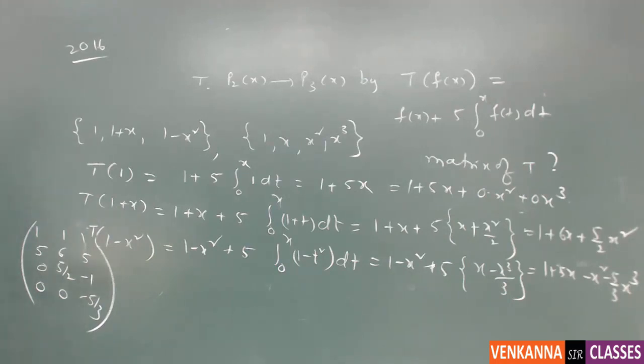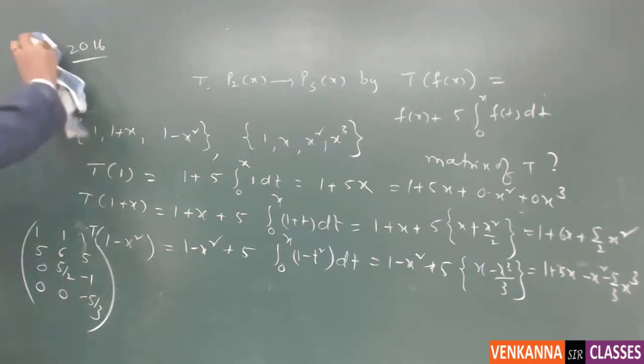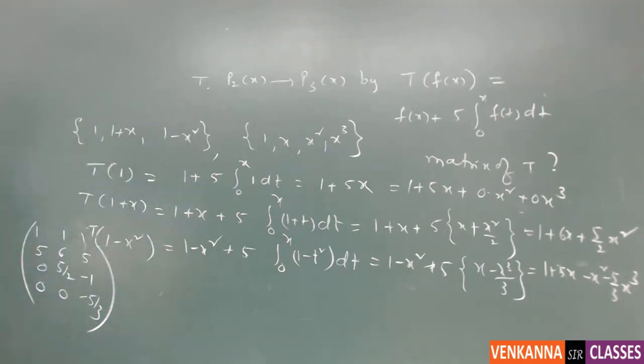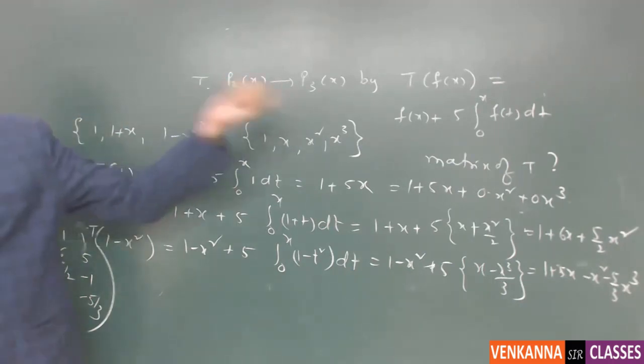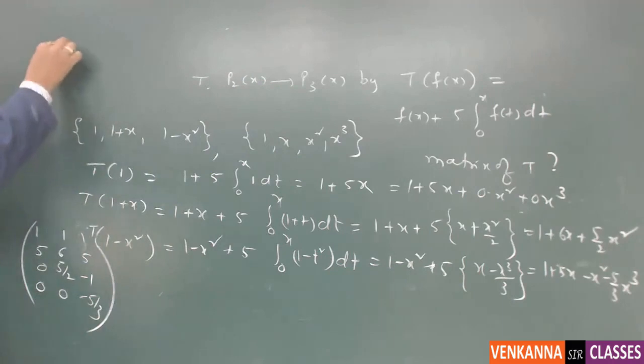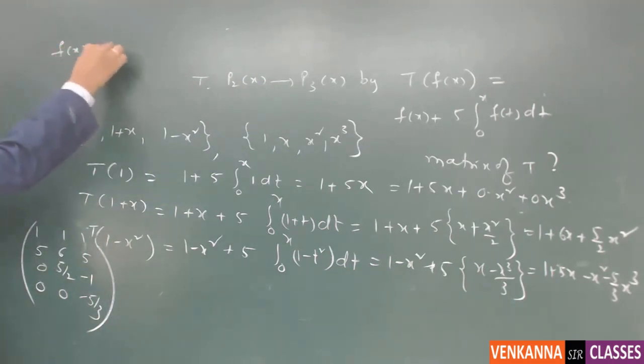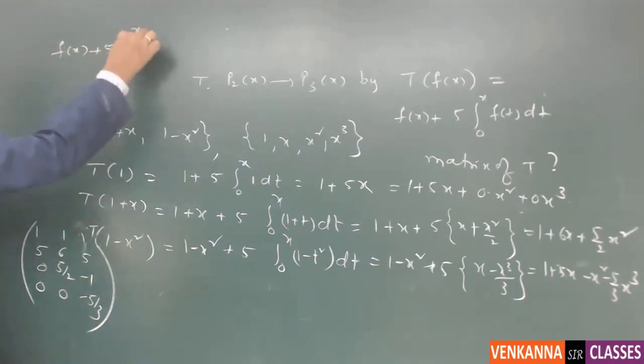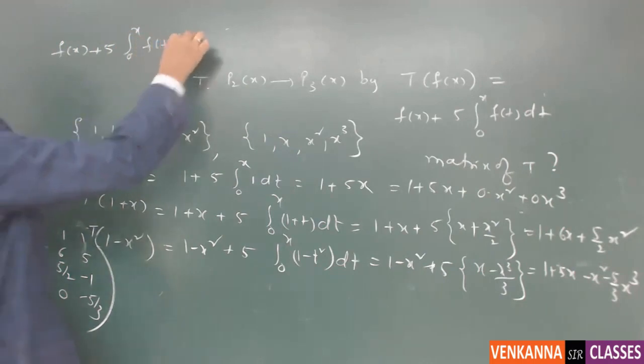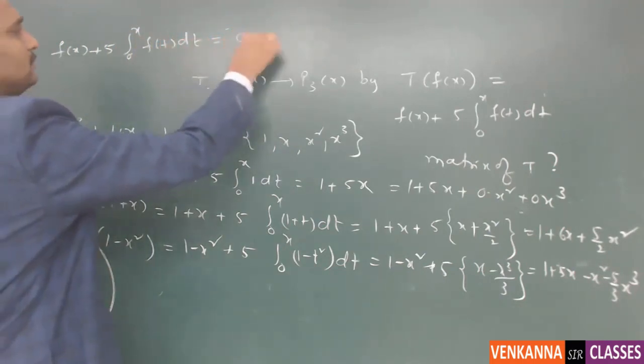So here N of T is not at all asked. If you are interested, let us calculate the N of T. So just do that. Whatever the polynomial you take in the domain, N of T is nothing but where the result is the 0 polynomial. So you are making f of x plus 5 into integral 0 to x f of t dt equal to the 0 polynomial.